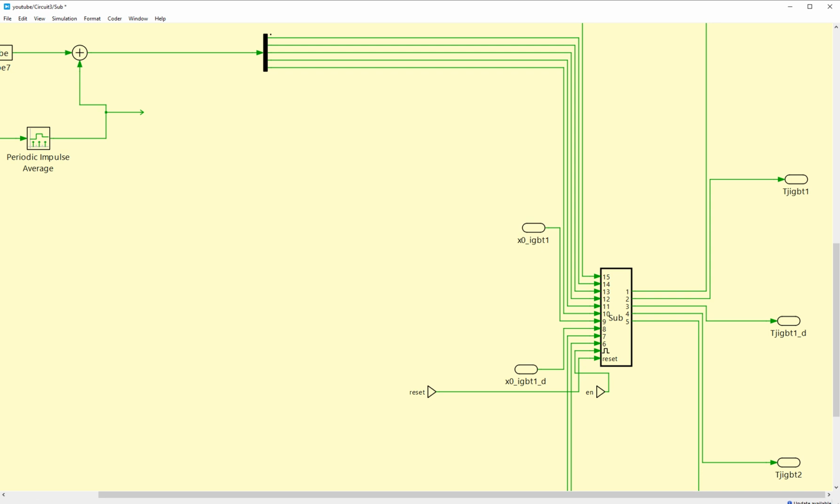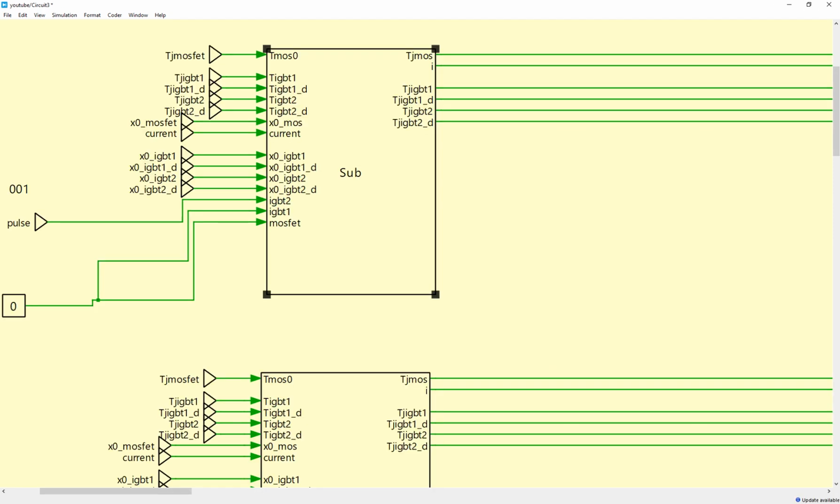As I said, they're a combination of several linear systems, so they can have 4 or 5 or even 6 states for each one. You need to keep track of the states here. These are the states coming from the temperature calculation according to the Foster or Cauer model.